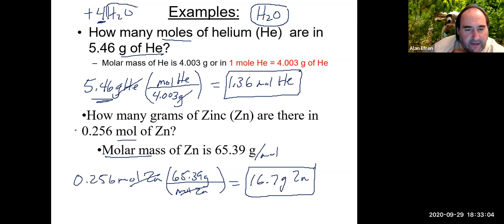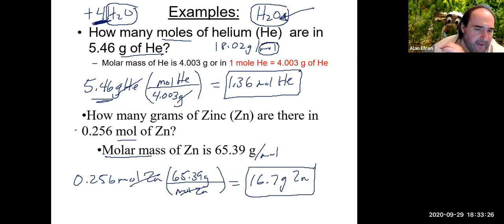The molar mass should only be based on the actual formula by itself. That's why when we say the molar mass of something is 18.02 grams per mole, it's always 1 mole, which means just one of the formulas by itself. Sometimes when people see it in equations, they want to insert that into the molar mass, and you shouldn't do that. So again, only from the formula of the molar mass from the periodic table.